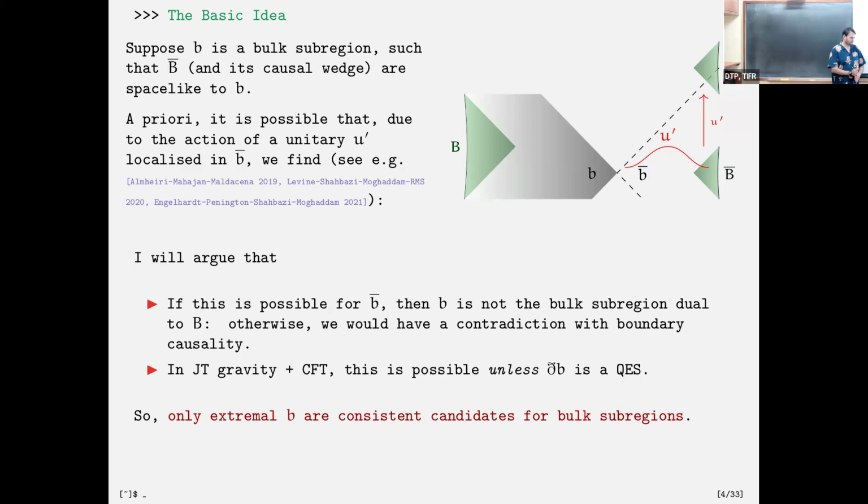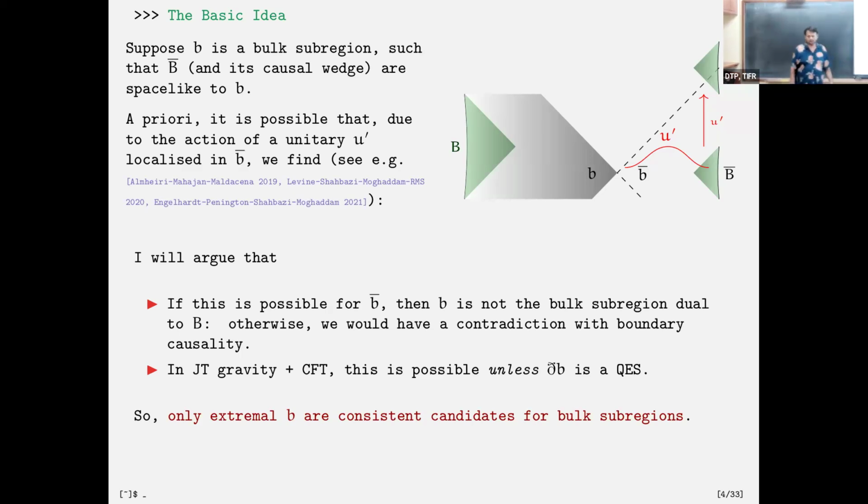It is obviously homologous, let's say, but it's not extremal. Then it cannot be dual to the boundary region. Even a bulk surface has a homologous surface with boundary, unless you're inside a horizon or something.